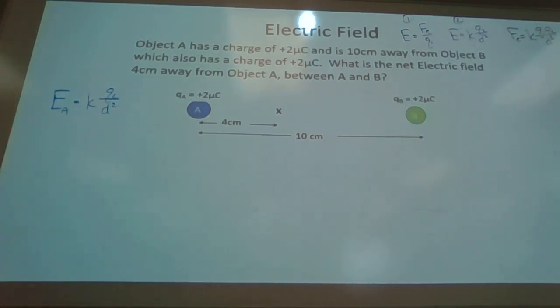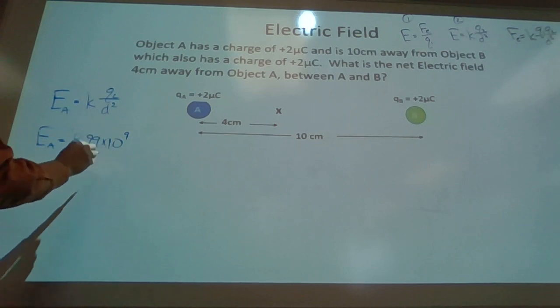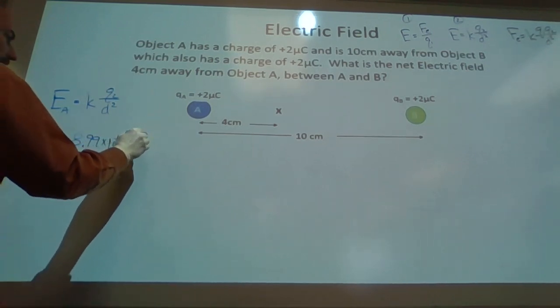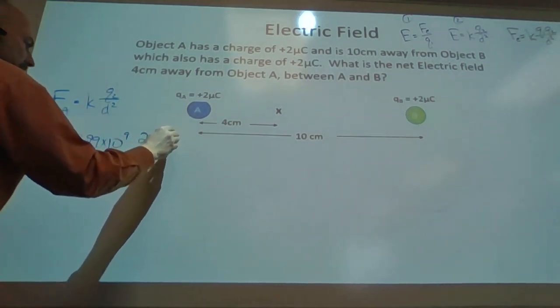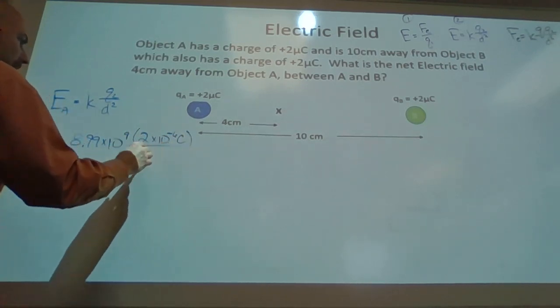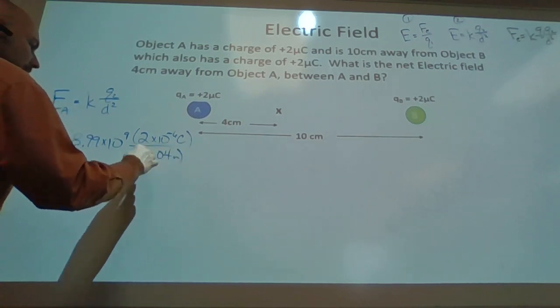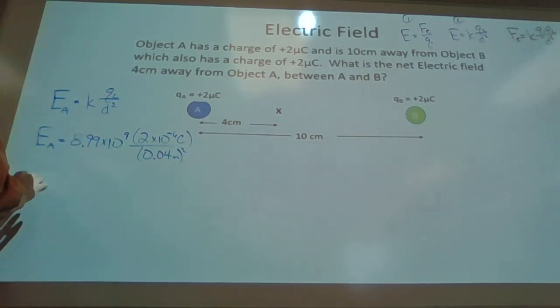I'm using this equation. So I've got 8.99 times 10 to the 9th times 2 times 10 to the negative 6th coulombs, divided by 4 centimeters, 0.04 meters, squaring that.